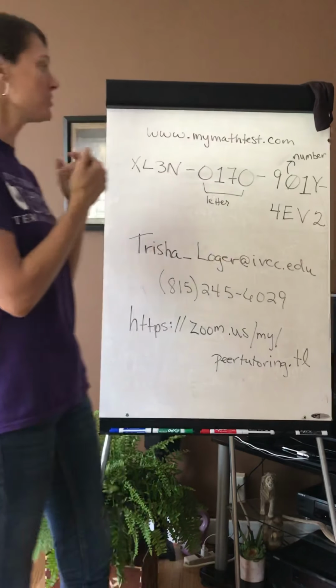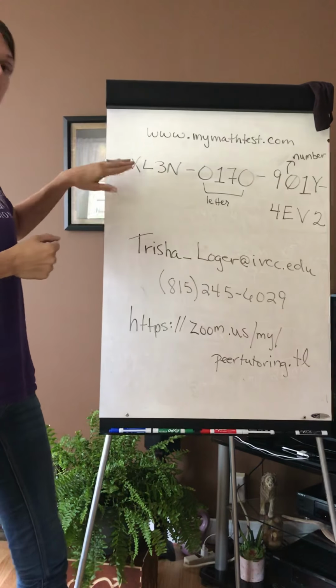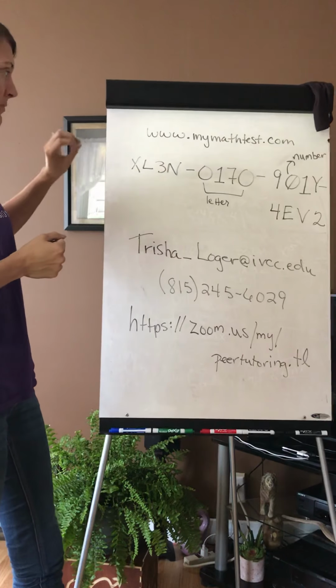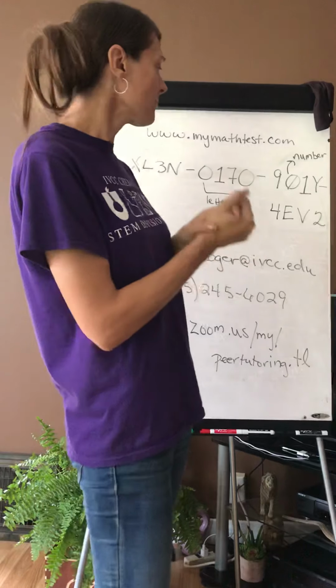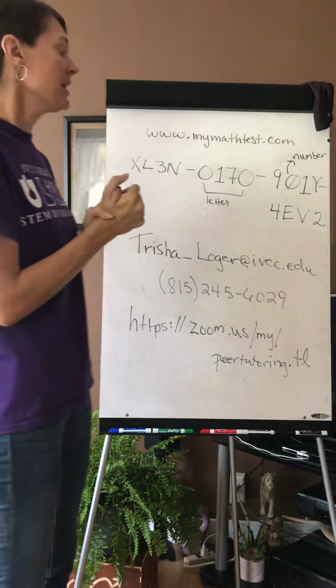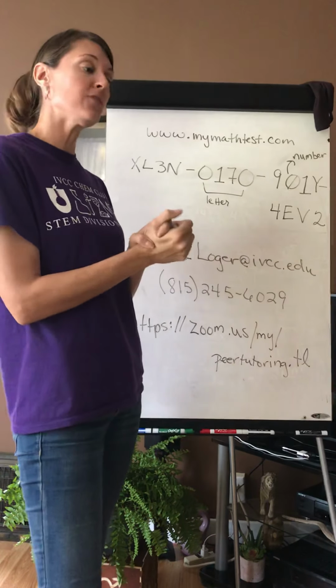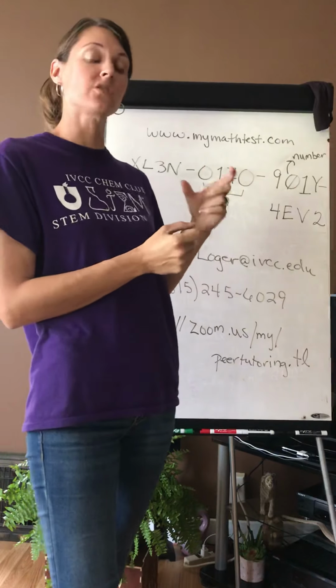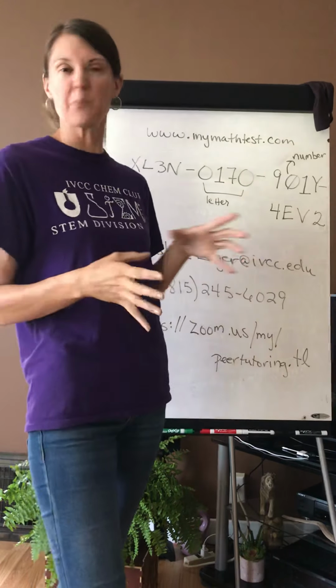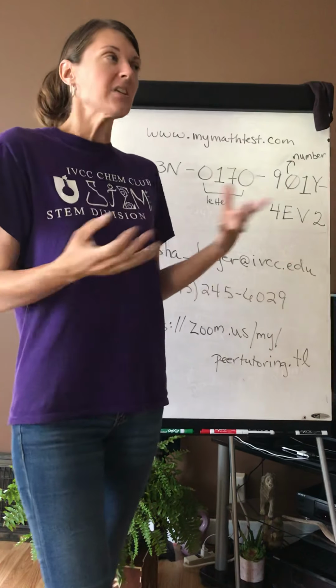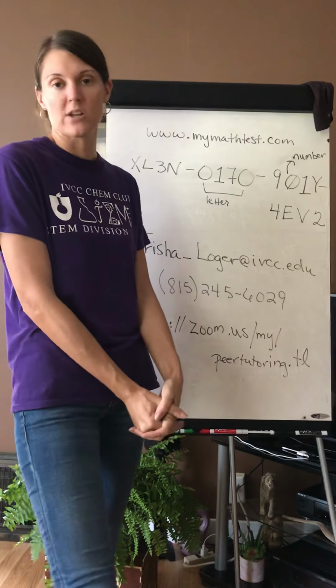So you're going to have to type in the program ID once again. And then once you type that in, you'll be able to log in and access your course. And so the first order of business is to take the pretest. If you want to, there should be an instructional video in My Math Test teaching you how to type in the answers.